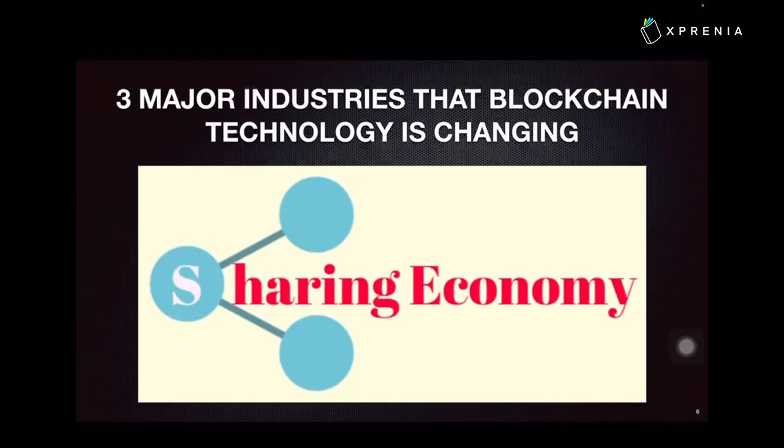Uber and Airbnb are examples of companies that have consolidated their dominance in the sharing economy. These companies changed their respective sectors by undercutting the traditional intermediaries such as taxi services and hotels, thereby streamlining the user experience and garnering huge profits in the process.